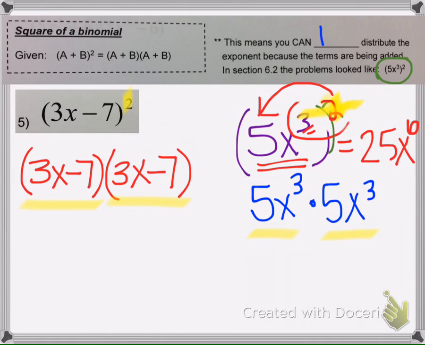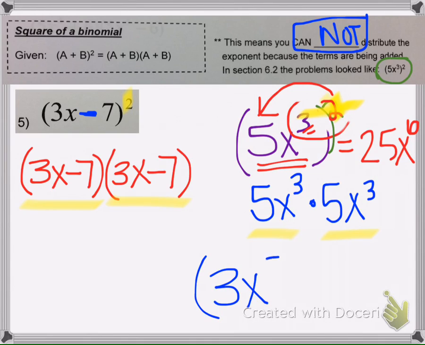So you cannot distribute the exponent because the terms are being added or subtracted in this case here. So you're only allowed to, if the problem looks something like this, distribute this exponent to everything. But if it has a minus or a plus, you cannot. You have to write it out twice and multiply everything.